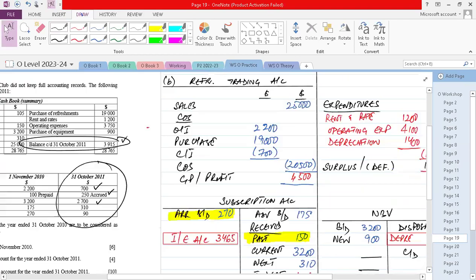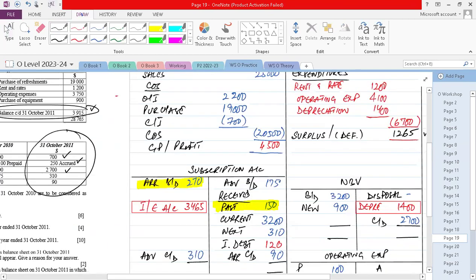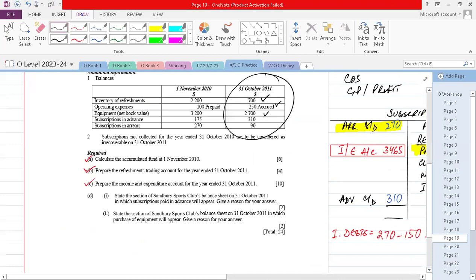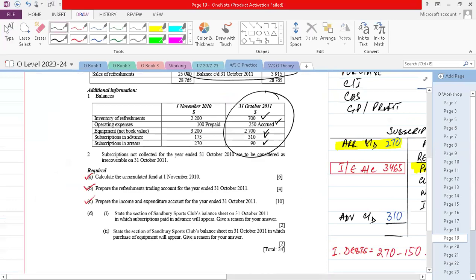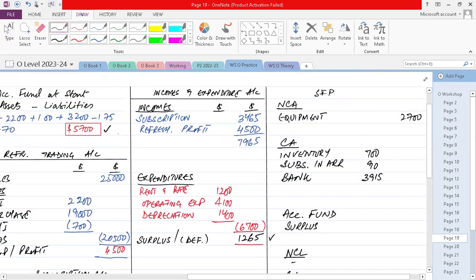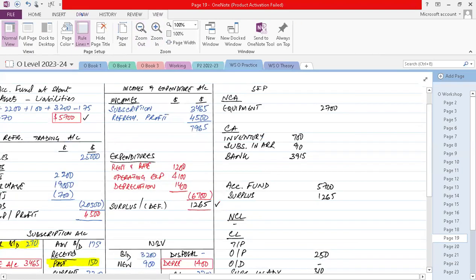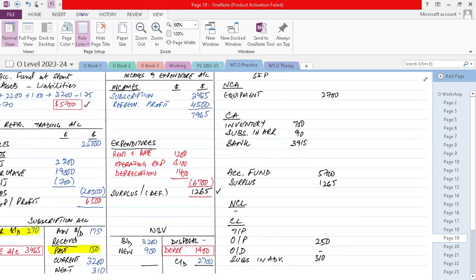Then equipment 2,700. In advance 310. In arrears 90. Accumulated fund at start 5,700. And the surplus 1,265. That's it. This is how we make a statement of financial position.